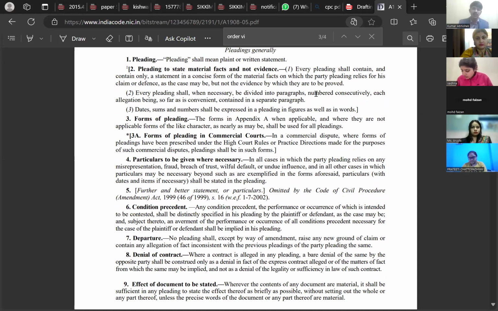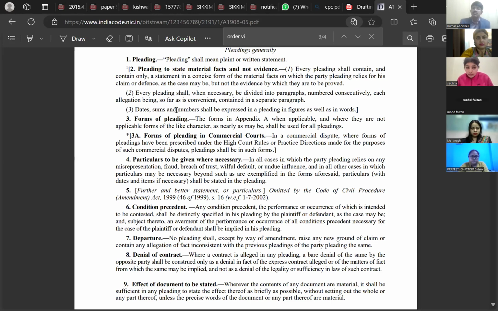Then every pleading shall, when necessary, be divided into paragraphs numbered consecutively. So this is for the purpose of simplification. You should be numbering all the pleadings one after the other, and one fact should come in one para if possible. Each allegation should, so far as convenient, be contained in a separate paragraph.